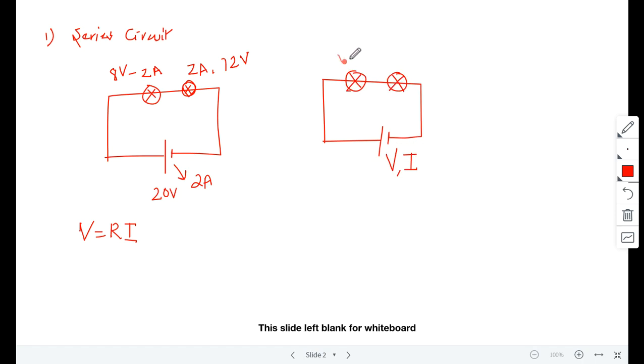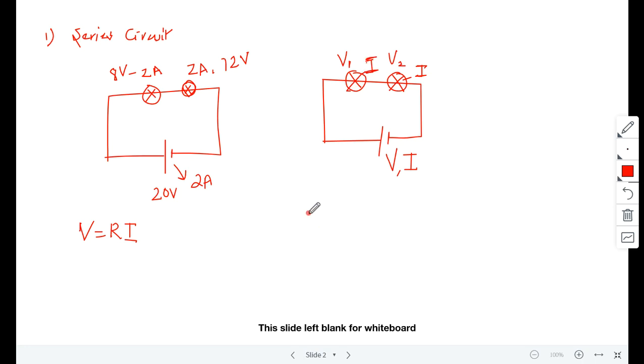This is V1, this is V2. Okay, and this is I and this is also I. Why? Because I remains same in a series circuit. Okay, is this clear? Yes. Okay.